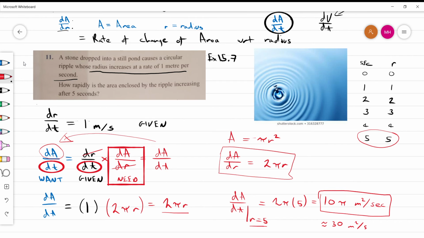If we go down to, for example, 2 seconds, we'd have 2 times pi times 2. It would be increasing at approximately 4 times 3, 12 meters squared per second. So let's say this is 2 seconds if we look at the picture, and out here we've got 5 seconds.